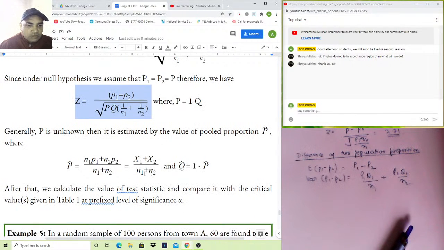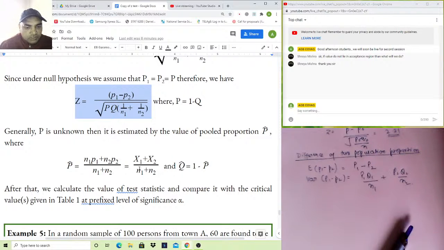Now generally these proportions are calculated from the pooled value, when the proportions are not known from the original population. So the pooled proportion p bar is equal to (n1 p1 + n2 p2) upon (n1 + n2), where p1 is the first sample proportion and p2 the second sample proportion.